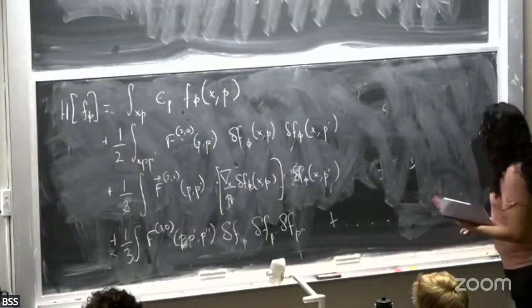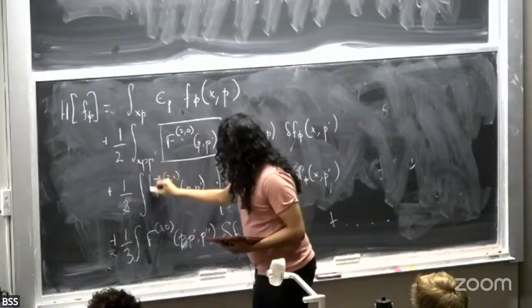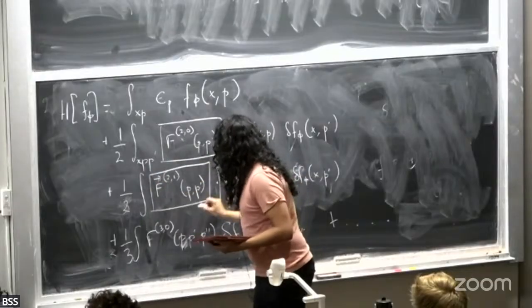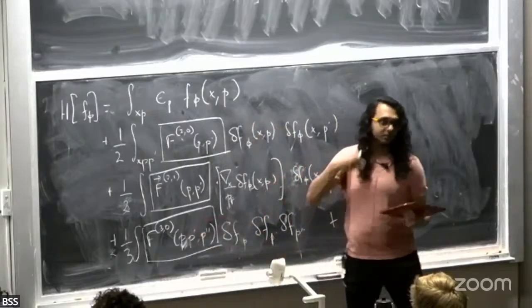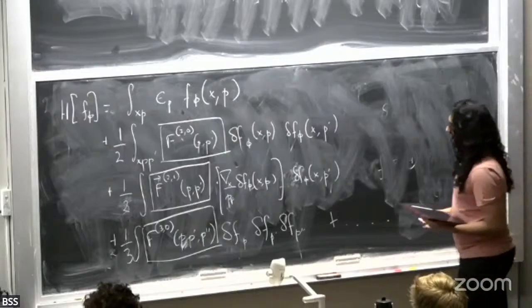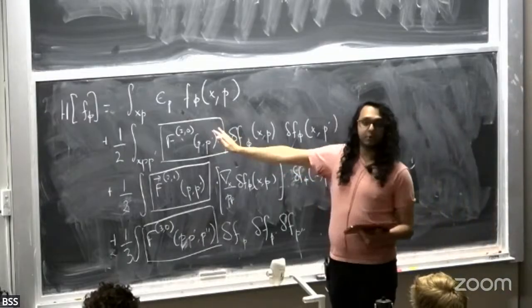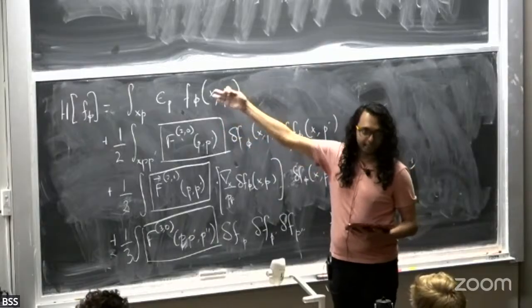What all of these functions that go over here are called Wilsonian interactions, or Wilson coefficients, or Wilson parameters in an effective field theory, which means they are arbitrary functions put in by hand, to be compared with experiments to figure out what they specifically are.